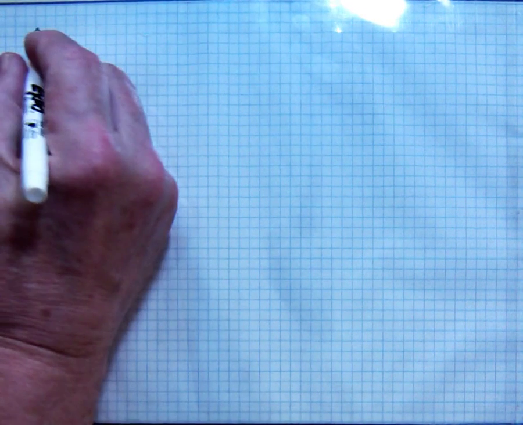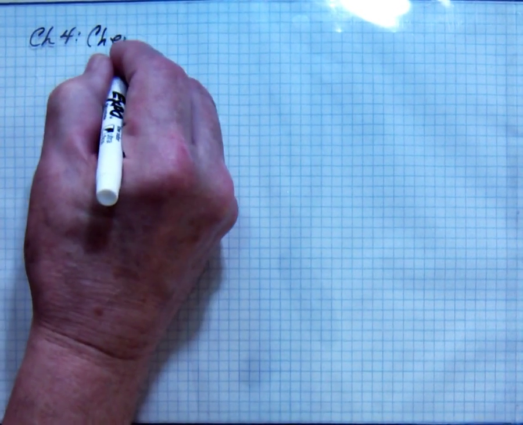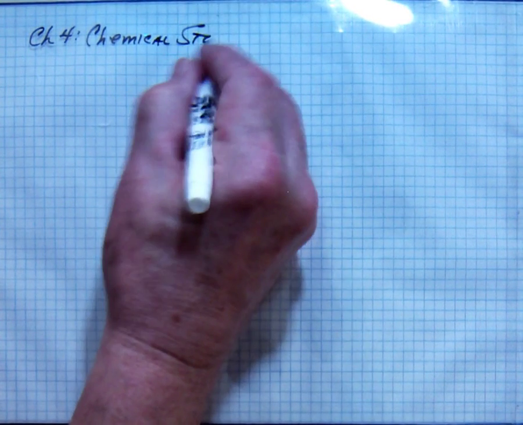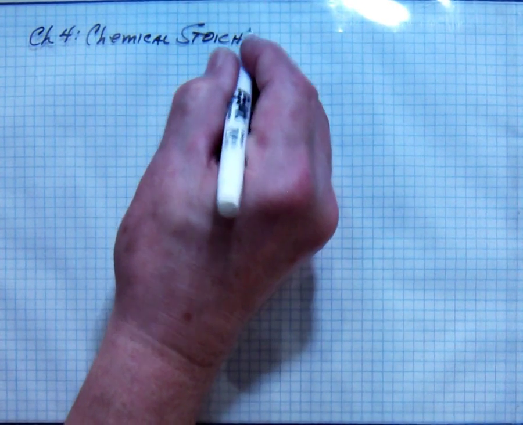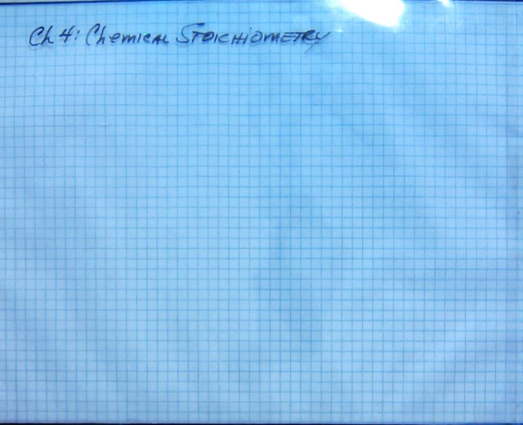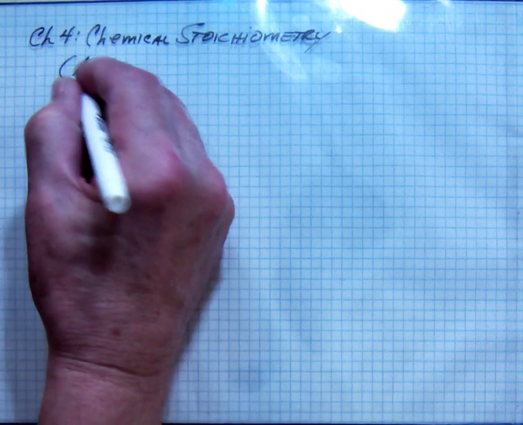Okay, this is in the lecture outline, chapter 4, chemical stoichiometry. That is the mathematics, or the application of mathematics, to chemical concepts.